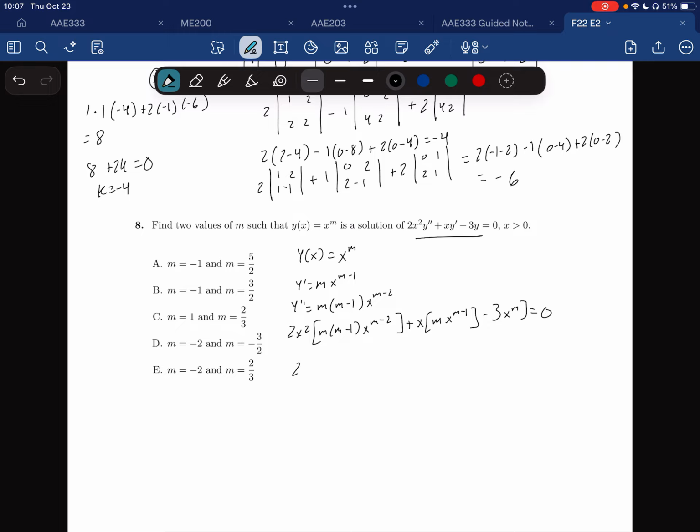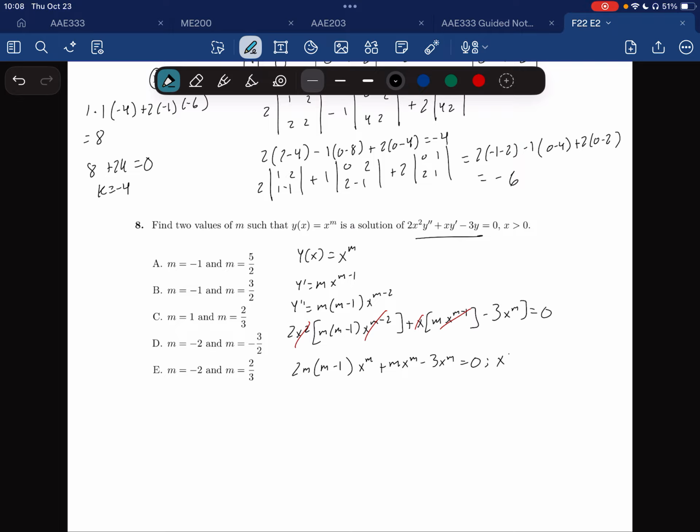So we can just say 2m times m minus 1, x to the m, because these and these cancel, right? And this will cancel. Plus m x to the m minus 3x to the m is equal to 0.